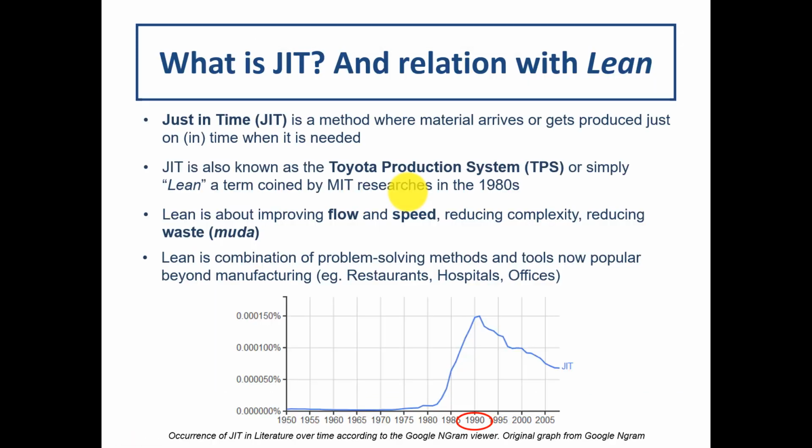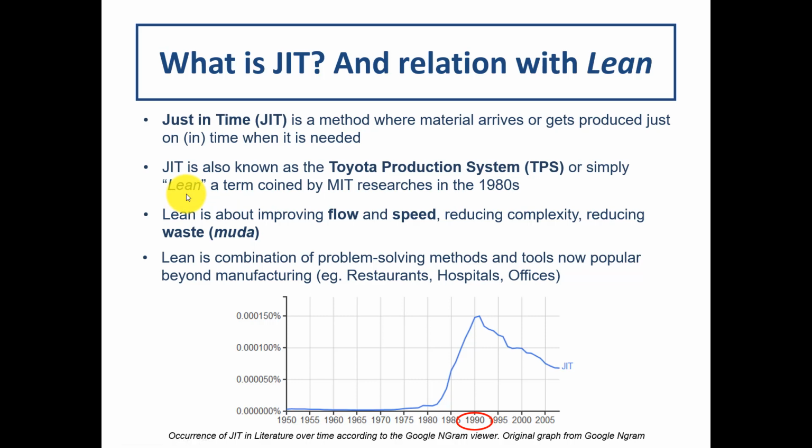So, just-in-time is a method where material arrives or gets produced just in the time when it's needed. It is actually the Toyota production system that some people refer to as TPS. But the Americans, and more specifically engineers from MIT, like to call it lean. Lean as the opposite of fat.